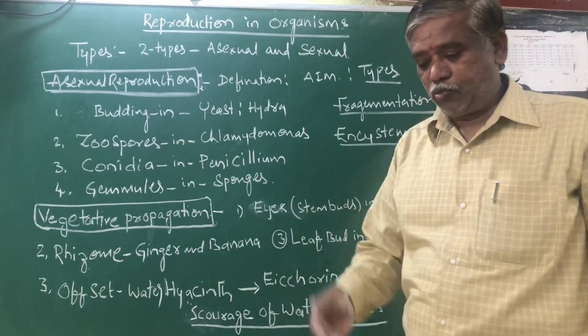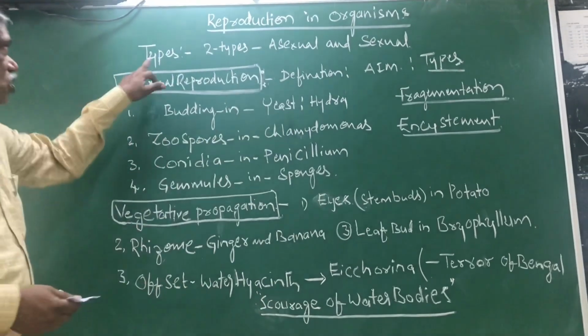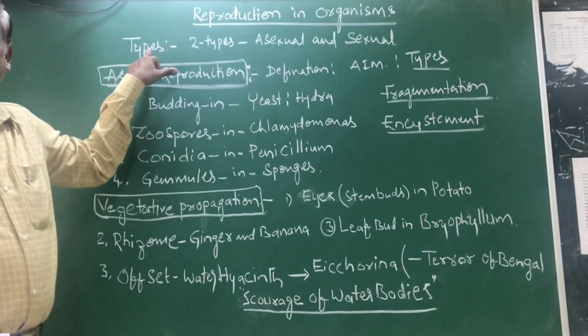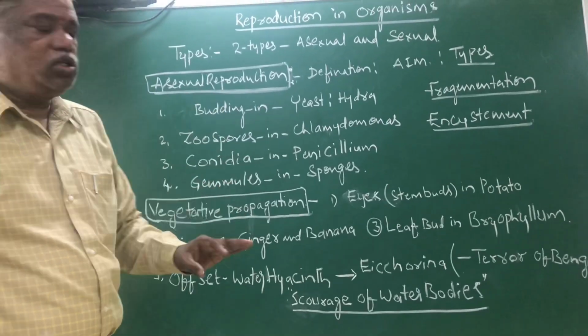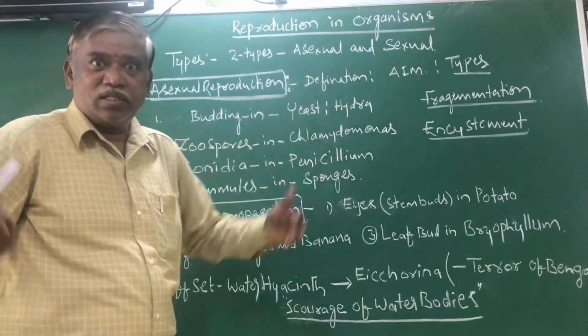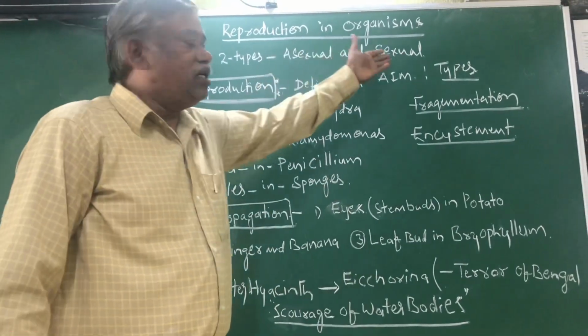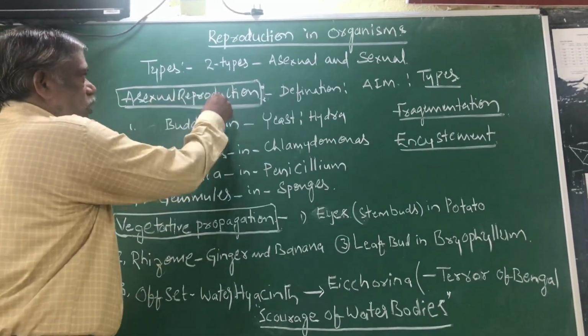Now come to this. Reproduction types. Majorly, reproduction has two types. In lower classes you listened to these words: asexual and sexual. Now, asexual reproduction.